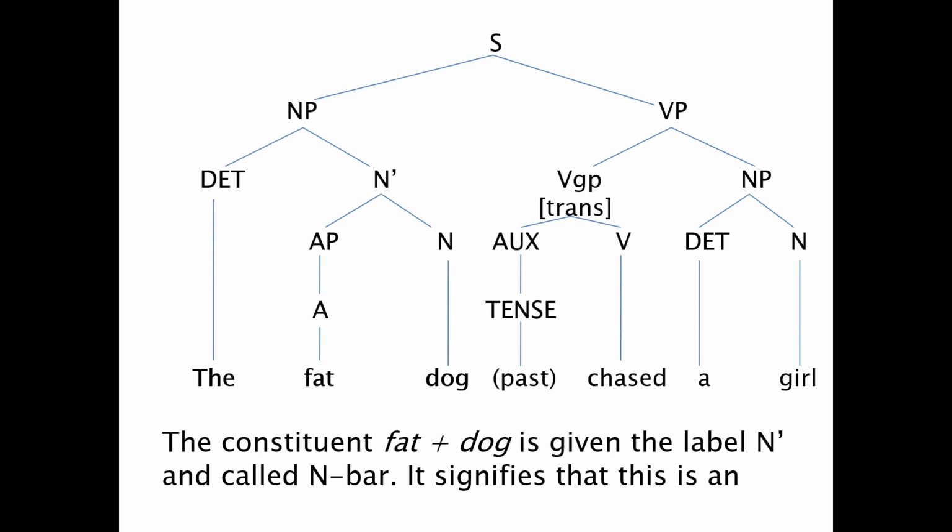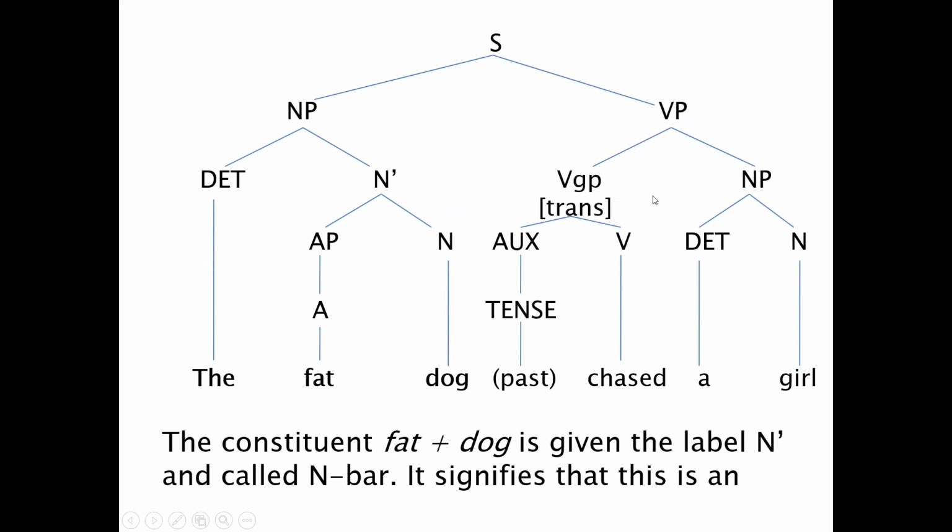Just 2 minutes to finish, dear students. Here we have once again subject, we have noun phrase, and we have verb phrase. So noun phrase, remember that we have determiner, and we have the noun. Here we have the adjective fat, then we have the noun dog. Remember verb, so we have the same verb.